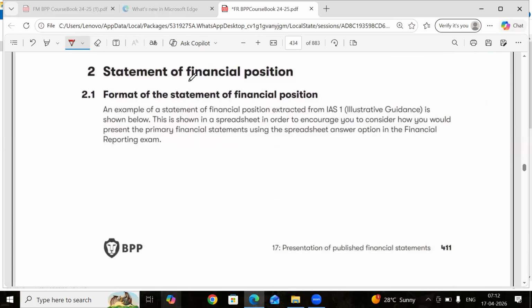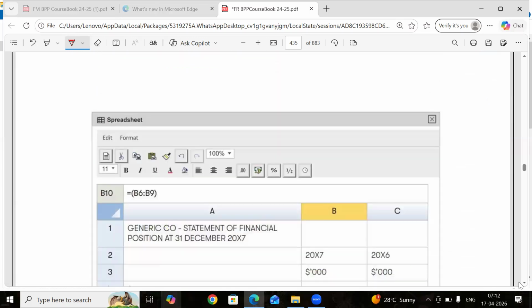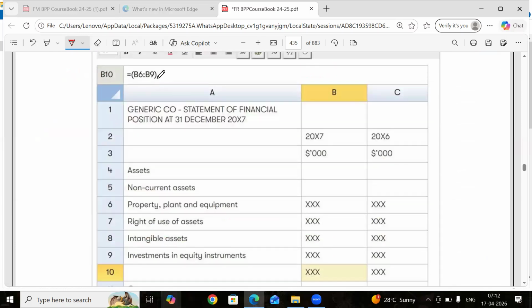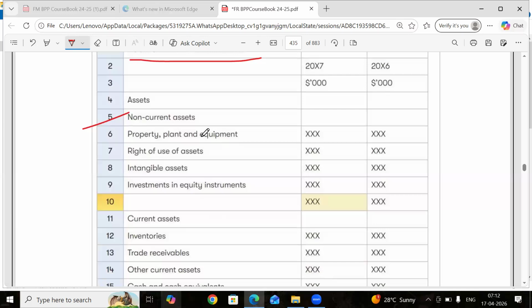Let's understand the statement of financial position and its format. There is a statement in front of you, generic company statement of financial position at 31st December 2007. The assets are non-current assets, PPE, right of use assets. This is for leased property.